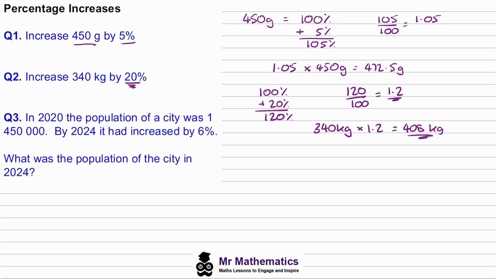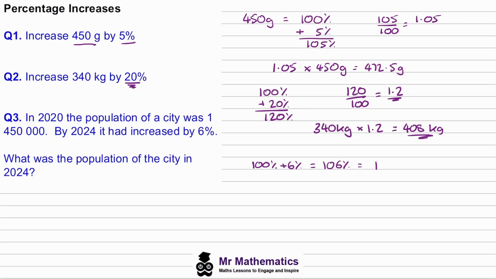So we're told in 2020, the population of a city was 1,450,000, and by 2024, it had increased by 6%. So if we have the 100%, which is our original population, we add the 6%, we're looking at 106%.